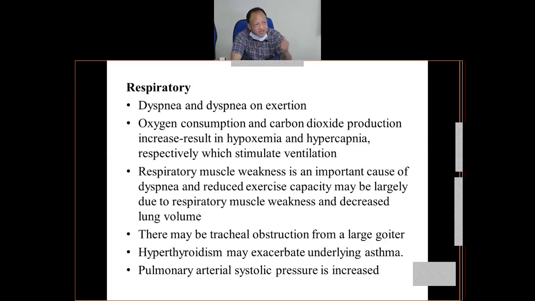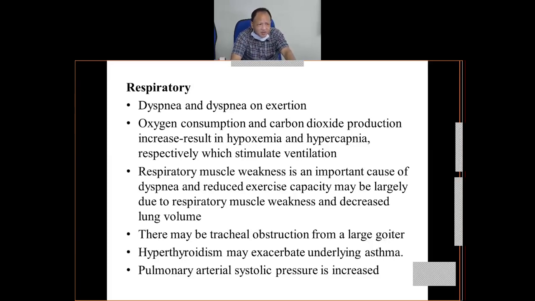Because of the increased demand for oxygen, there can be hypoxemia, and there can be hypercapnia, which stimulates, and you know hypercapnia is the single most important stimulant for ventilation. At the same time, you can have respiratory muscle weakness and reduced exercise capacity due to respiratory muscle weakness and decreased lung volume.